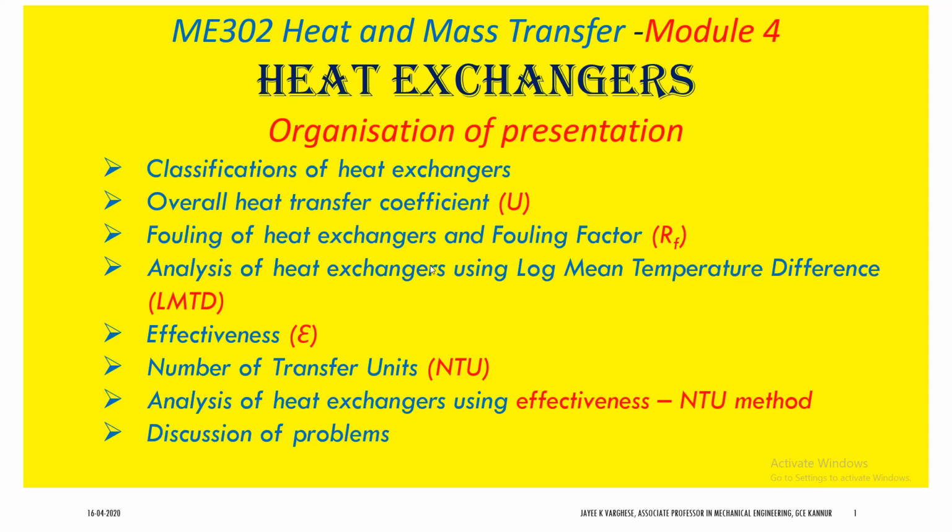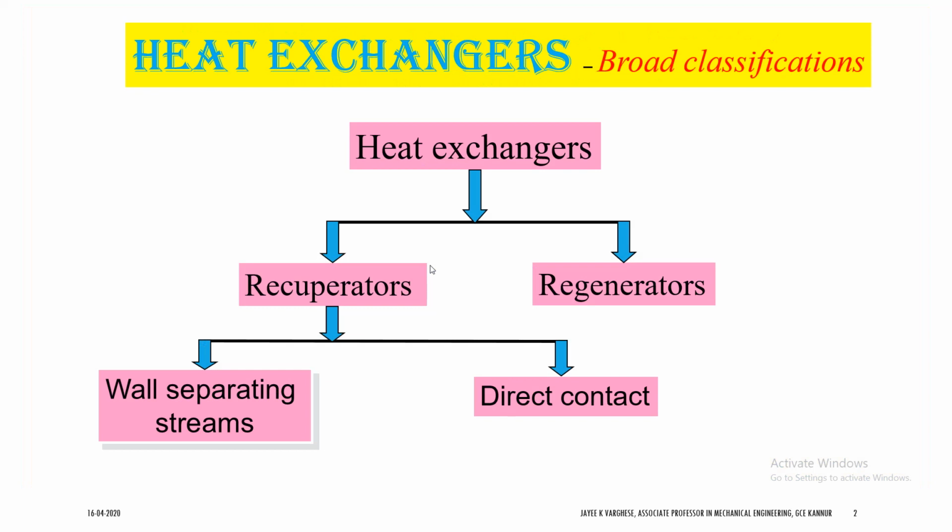By that we will come to an end of the theory part, and then we will discuss certain problems which could be asked in the university examination. Preferably we will be discussing different previous KTU questions and their solution techniques. So now we will begin our first lecture on classification of heat exchangers.